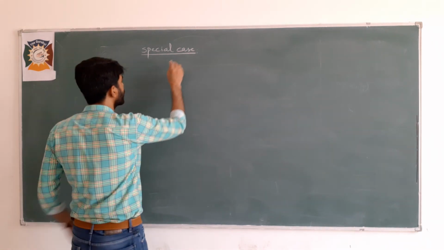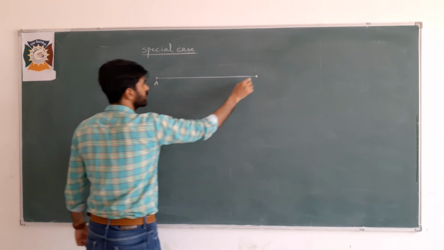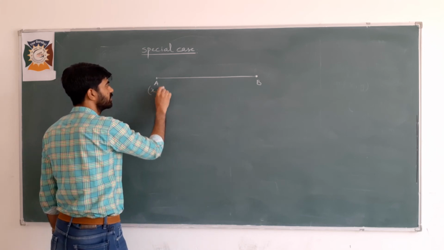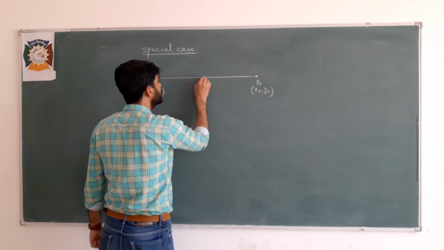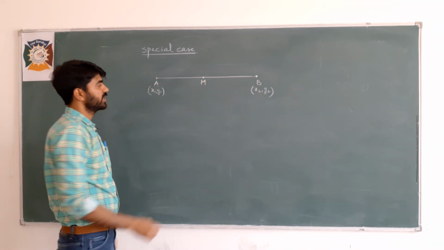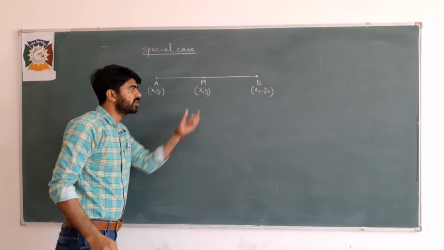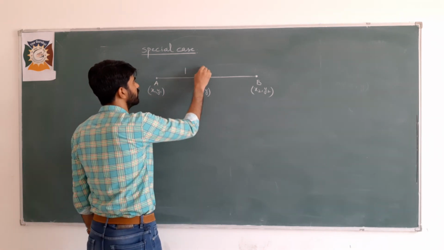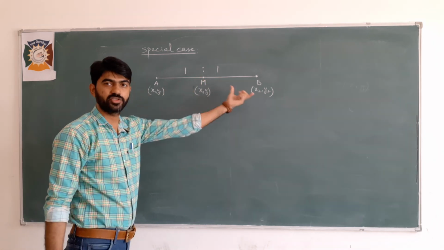See, suppose this is a line segment AB having coordinates (x1, y1) and (x2, y2). If I take midpoint of this, midpoint M having coordinates x and y, so what will be the formula for these coordinates? If it is midpoint, so ratio will be 1:1, because both are equal.